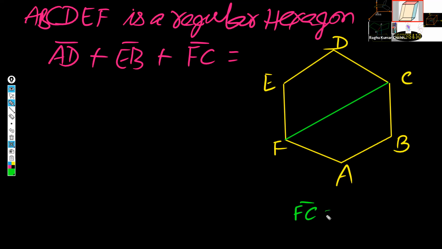Now AD bar is double of BC bar, obviously. These are the geometrical properties, and it is clearly understood.